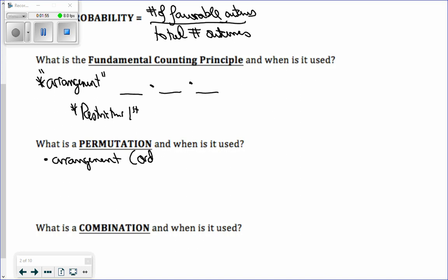Or another way to think of it is that your order matters, right? So if I have Scrabble tiles, and I'm rearranging the letters of the Scrabble tiles, I get a different quote unquote word each time. Now, for permutations, we can do these questions with the blanks. We can do NPR. We have the identical objects. And we have the together questions.